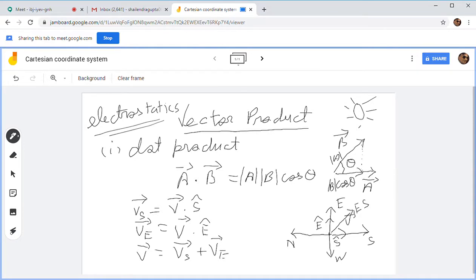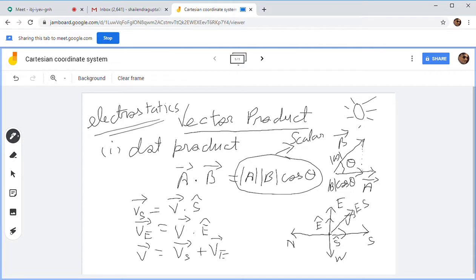Okay. One more thing I need to tell you, which I forgot, and which is a very important part: when you do A dot B, meaning two vectors taken in a dot product, the resultant will be a scalar quantity. So this is just a scalar quantity. It does not have any direction. Okay.